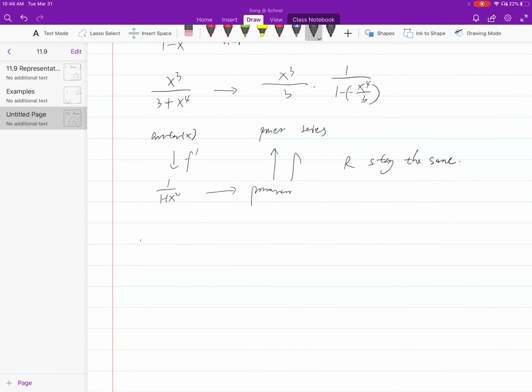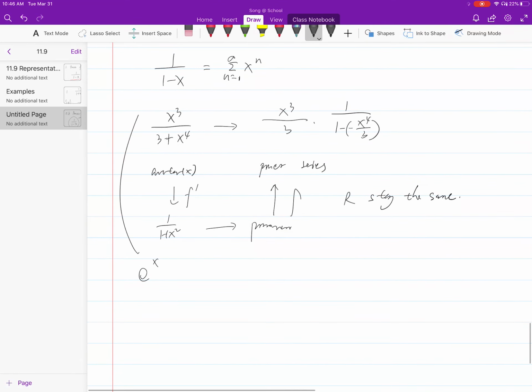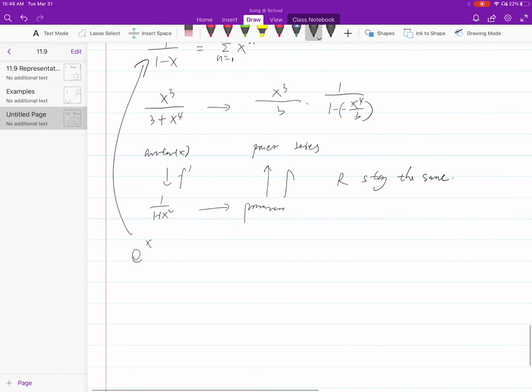Finally, we say, what if something does not look like this at all? We have a procedure to find this. Make sure you review that, because next time we're going to use exactly the same procedure. And this time we're going to do the power series for any function using the same procedure. This is called the Taylor series.